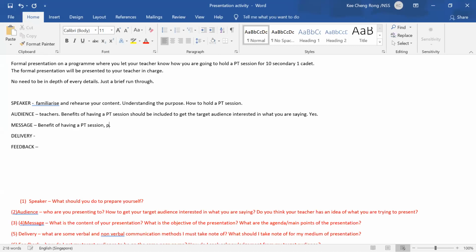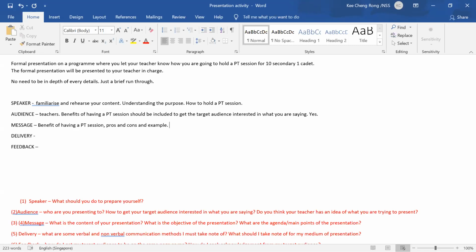Yes, more elaboration and examples. Examples, okay. Examples such as? Maybe what goes on during the PT session, doing what type of PT, push up, sit up. Yes, show them how doing different types of PT benefits the body. Yes. Okay. So the benefit, okay. But what about the lesson plan itself?